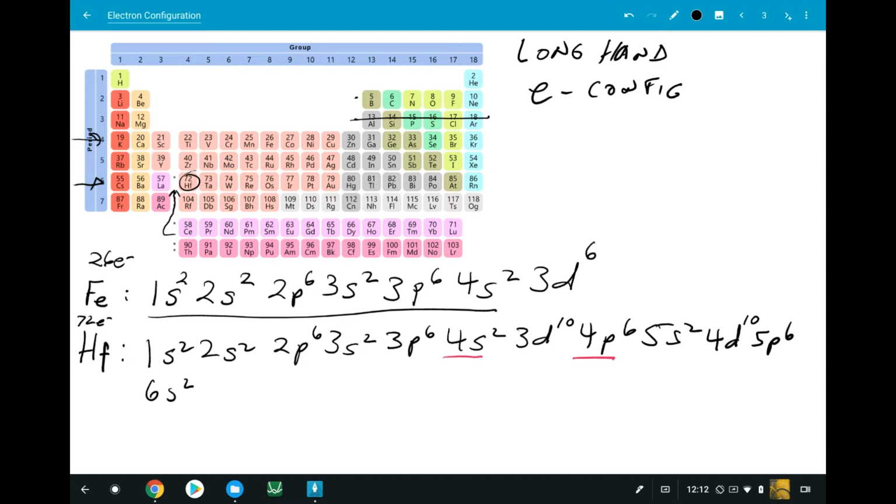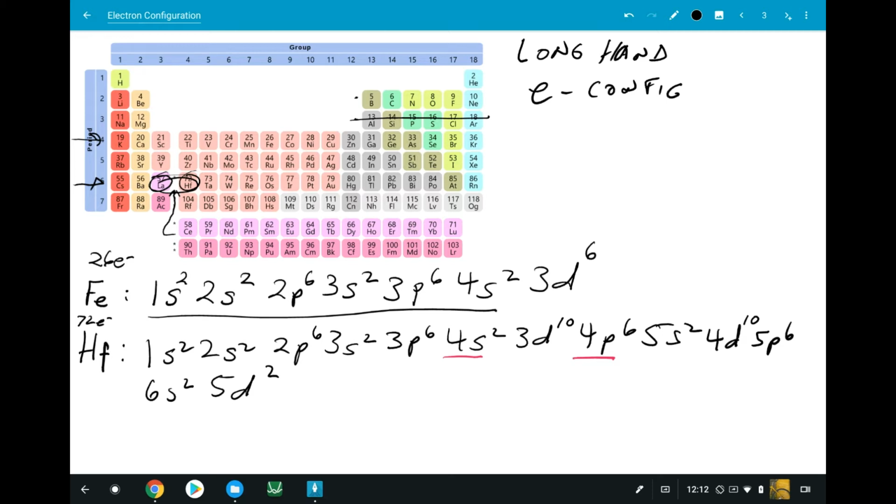s2, and now we're at the 5d, but since this d right here, the lanthanum, if you look right up at the periodic table, and hafnium are in the d block, those are 2 electrons there, so that's a 5d2. So let's put 5d2.